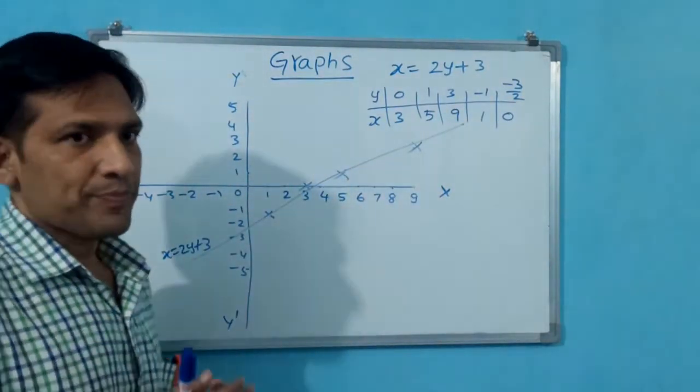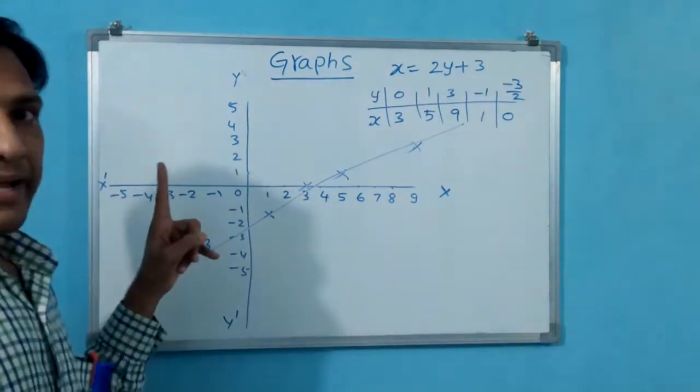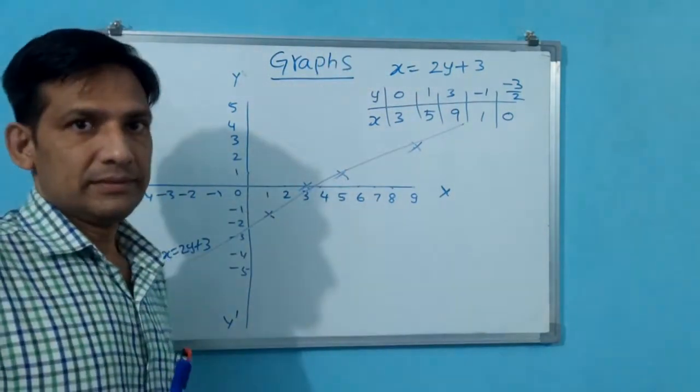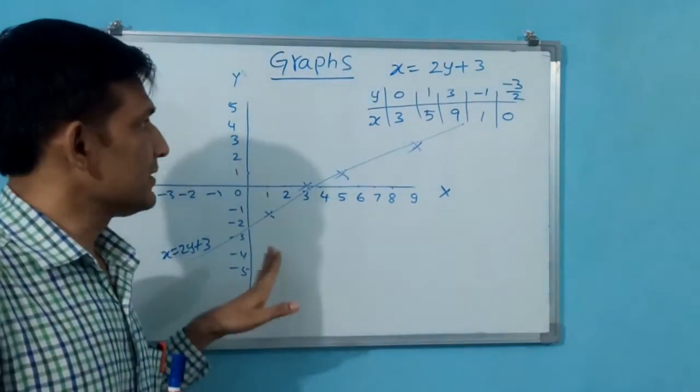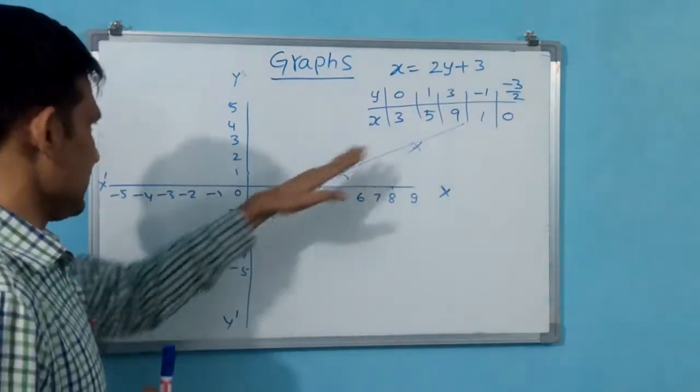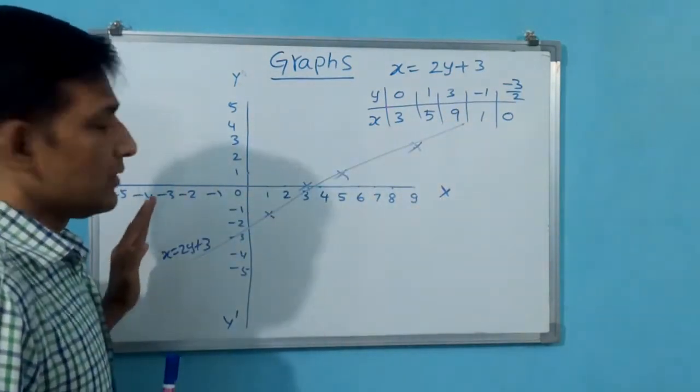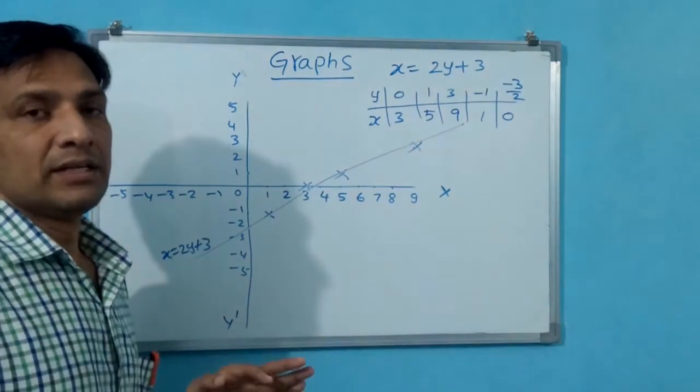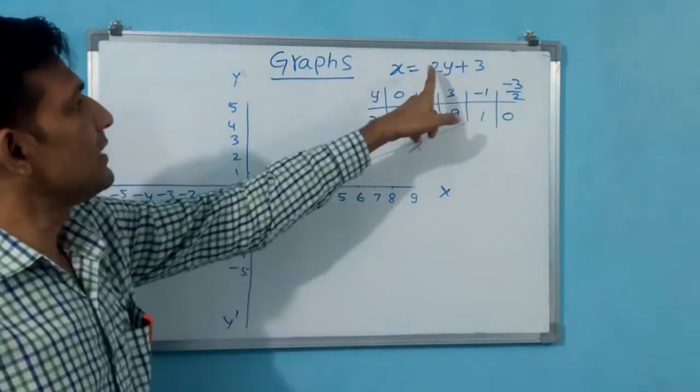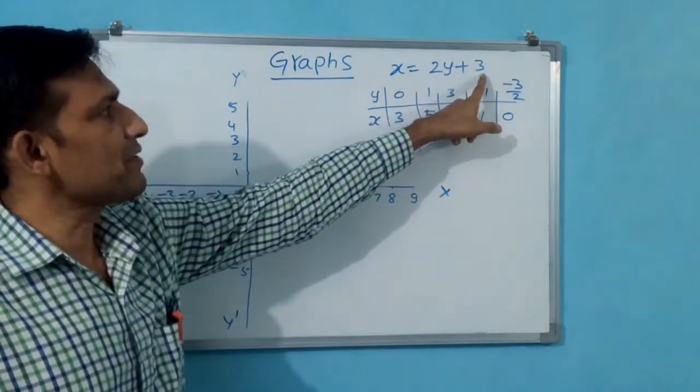Now you observe. Earlier the line passed through the origin. But this line has not passed through the origin. Why? Because here after the variable some separate constant is there.